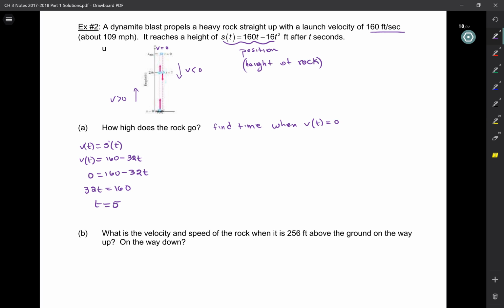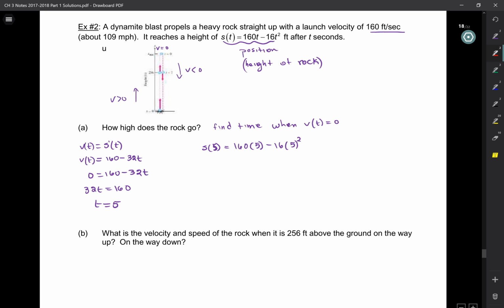So s of 5 is the position at t equals 5. 160 times 5 minus 16, 5 squared.